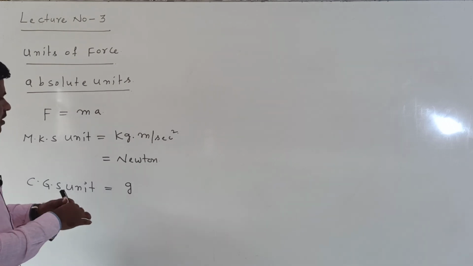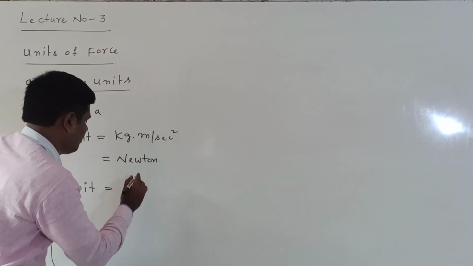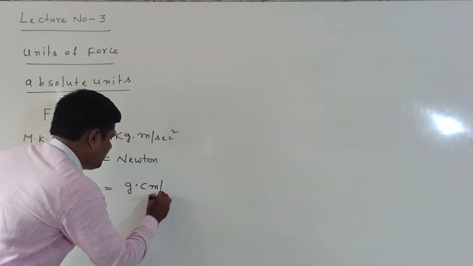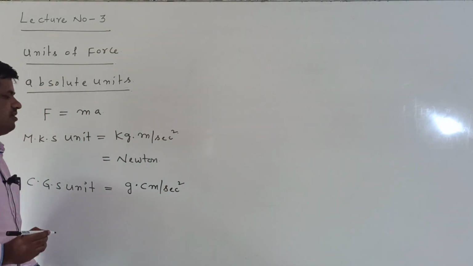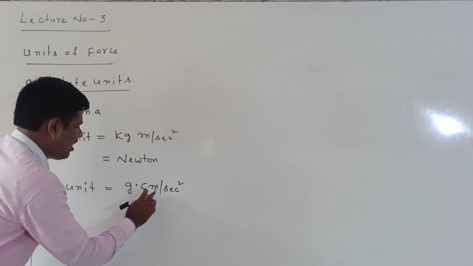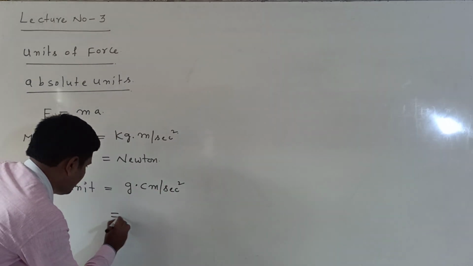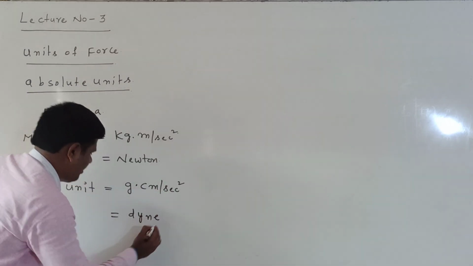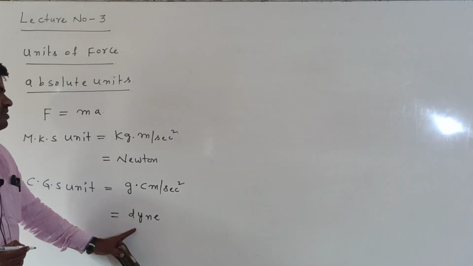Gram into the acceleration unit, centimeter per second square. Gram into centimeter per second square is called a dyne. This means the CGS unit is the dyne.